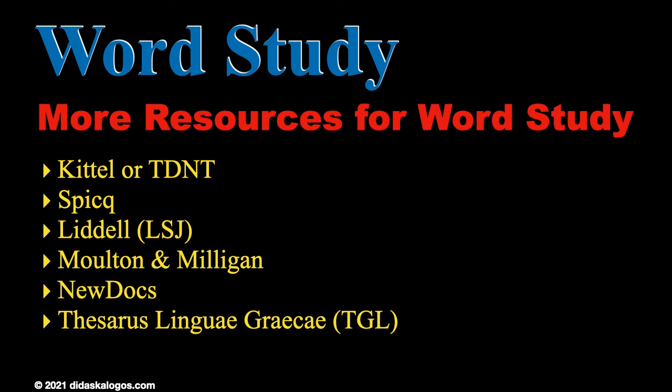Moulton and Milligan brings a lot of the more recent studies that are found, especially the papyri, and also the New Documents of the Judean desert is even more up to date in bringing all the thousands and thousands of papyri that have been found in Egypt and other places that shed light on the use of words within 300 BC to 300 AD as well.